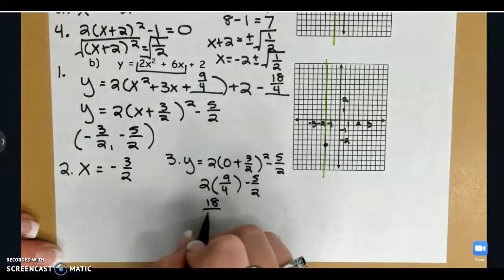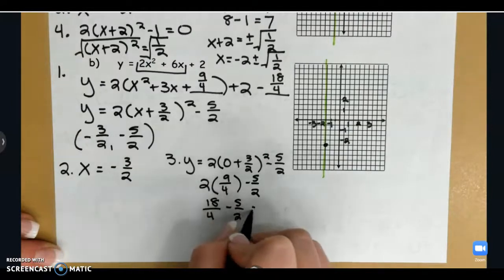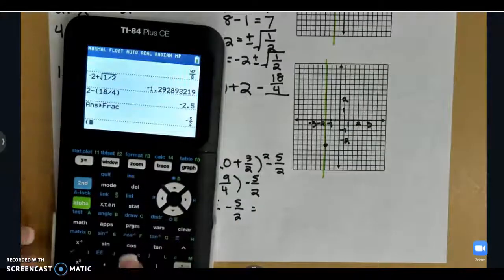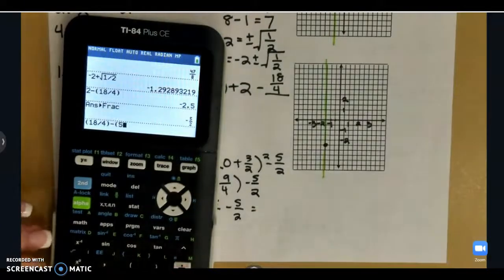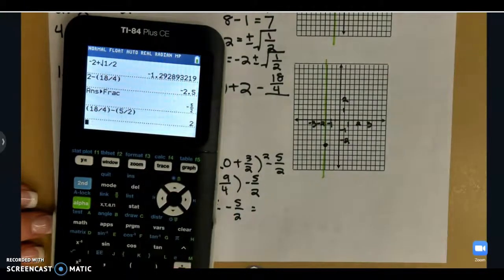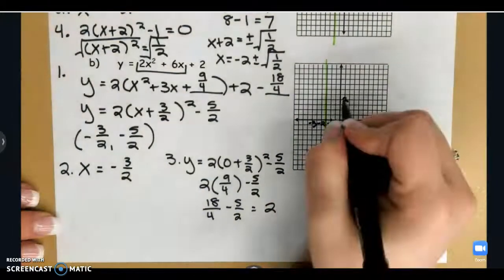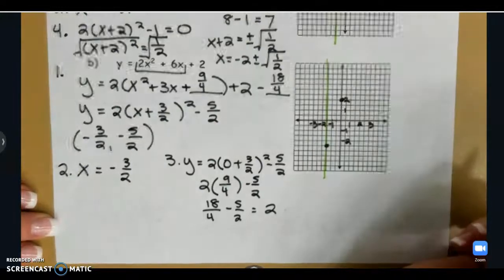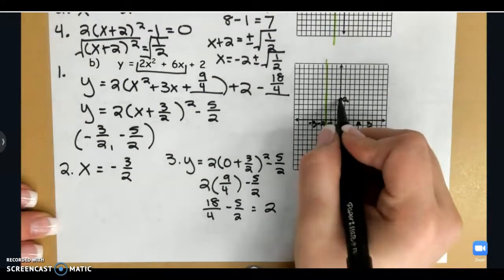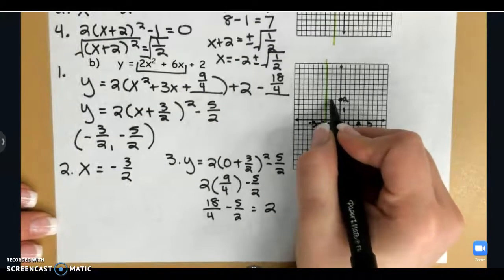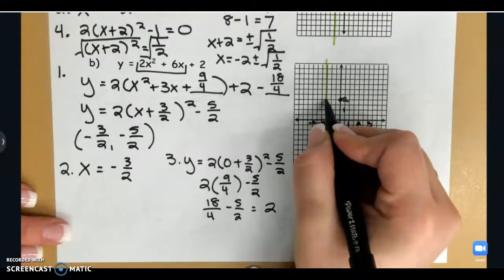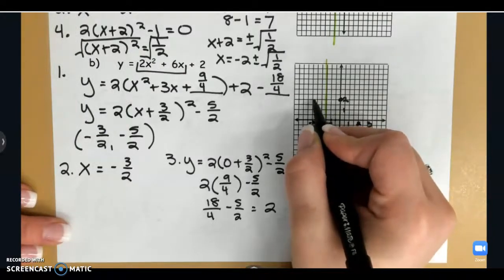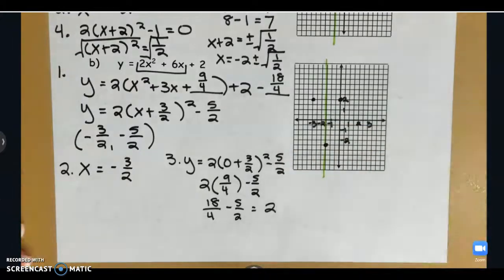So 18 over 4 minus 5 over 2, and we can do that in our calculator. 18 over 4 minus 5 over 2, and that is 2. So our y-intercept is going to be 2. And then we use our axis of symmetry to do the symmetric point. And this y-intercept is 3 away from the axis of symmetry on the right. So we're going to find the point that's 3 away on the left.